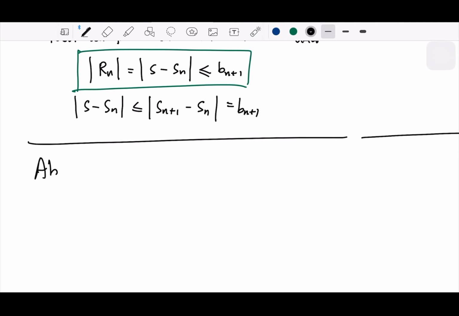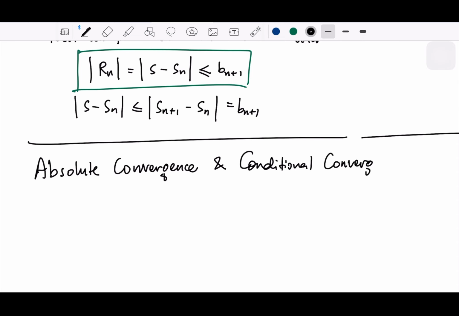Now we talk about absolute convergence and conditional convergence. Let me write first the definition.